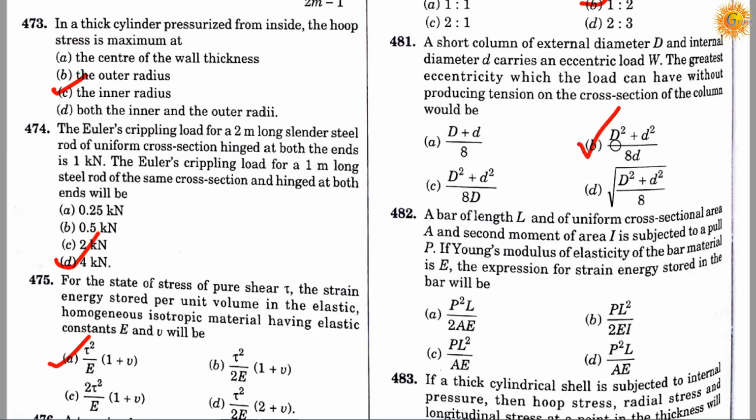Correct answer is B. It will be (D² + d²)/8d.